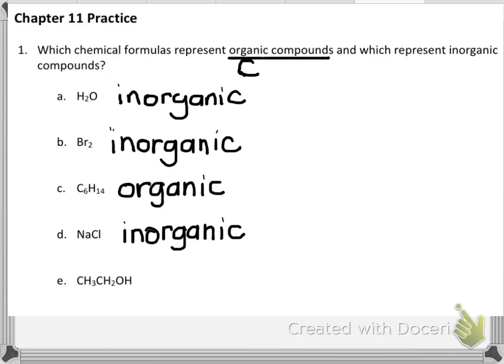And then the last compound is carbon-based with the CH3, CH2, and so it is organic. So for this introduction to organic chemistry, we're going to use the simple definition that organic compounds are carbon-based, and that's how we will distinguish between organic and inorganic compounds.